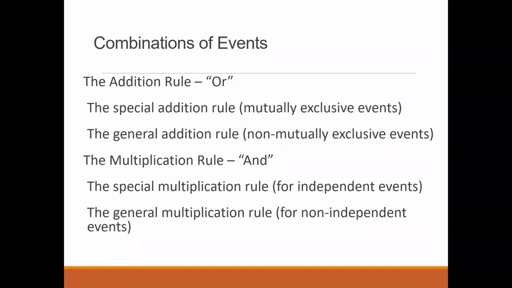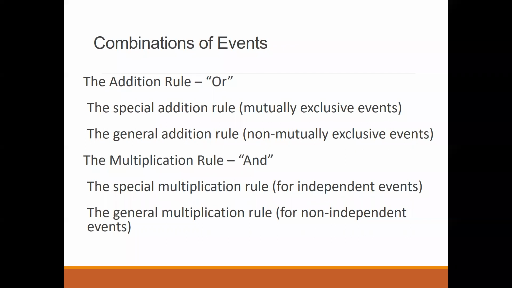As I told you last time, mutually exclusive events are not dependent on each other, which means only one can occur from the given events, and especially it is for multiple events. Similarly, for the multiplication rule under AND, we are going to do the special multiplication rule and the general multiplication rule.